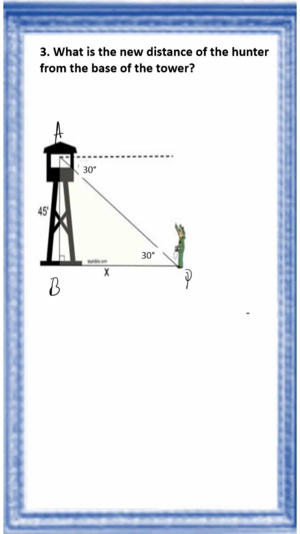Then in right angle triangle ABP, tan theta is TOA, opposite side by adjacent side. So tan 30, this is 30 degree now. Tan 30 is opposite side AB by adjacent side BP. Tan 30 is 1 by root 3.